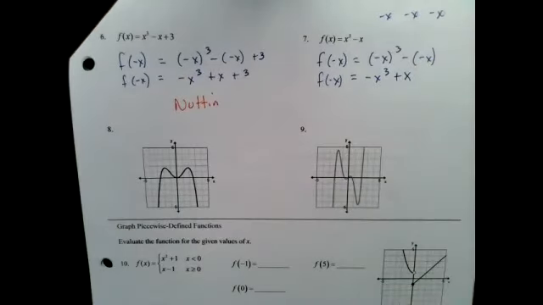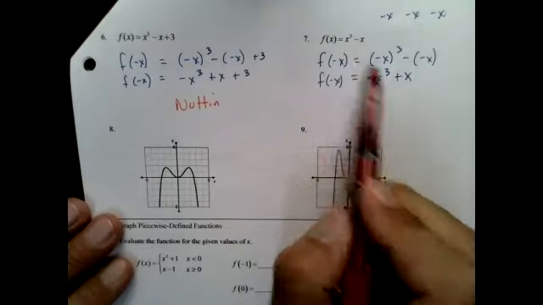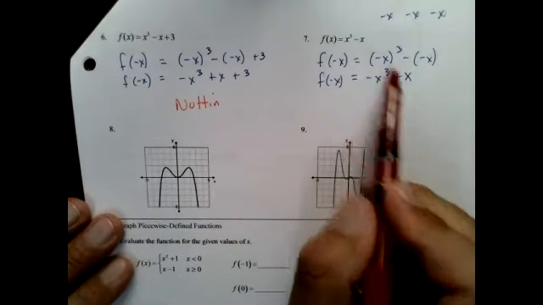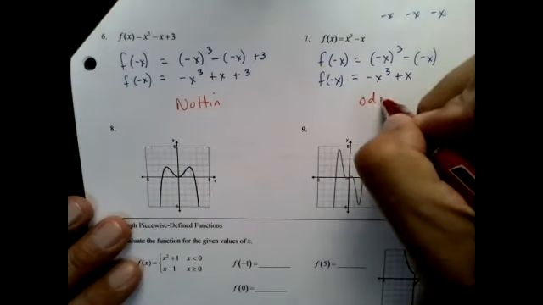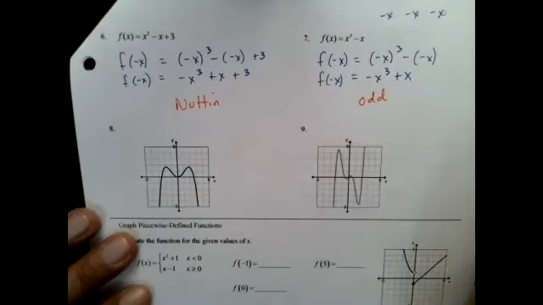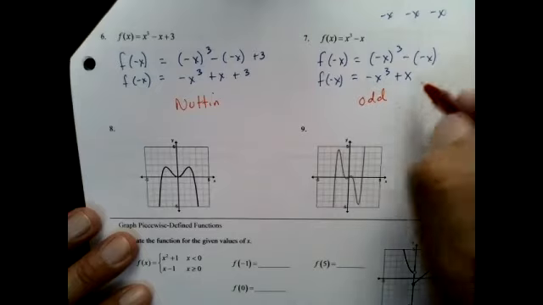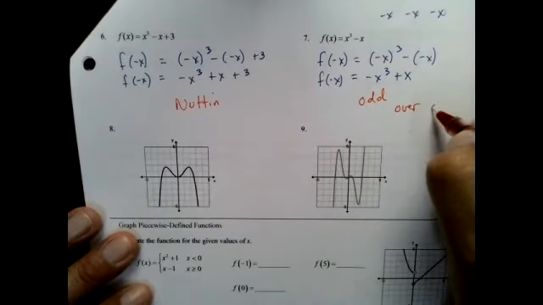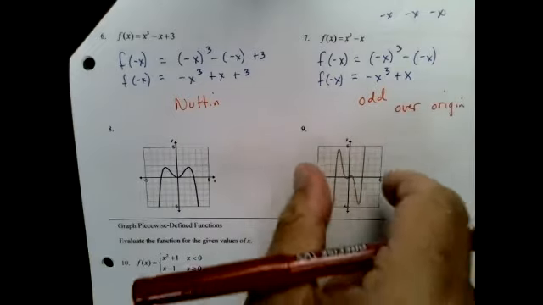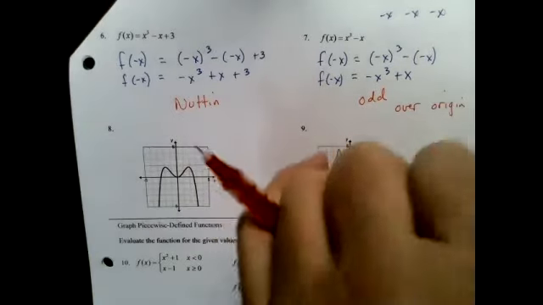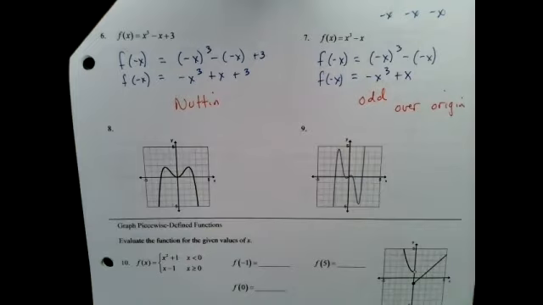Check it out. This is the opposite. This is the opposite. So it's true and true. This is an odd function. It will have symmetry over the origin, or if we rotated it 180 degrees, picked it up 180 degrees and put it right back down on top of itself.